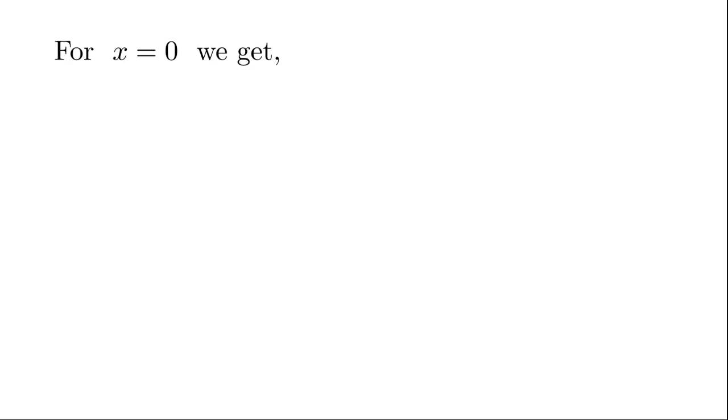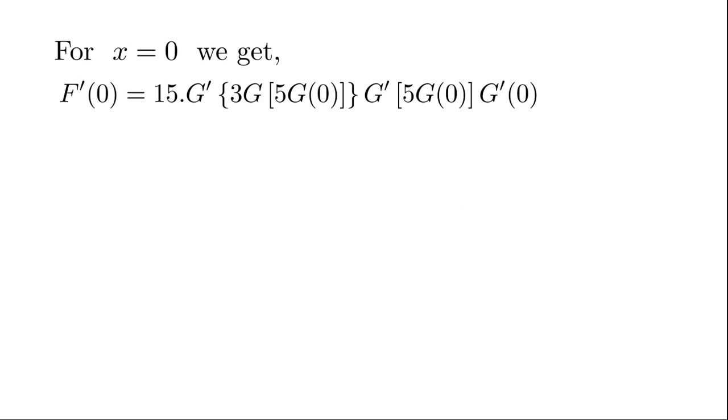So here we are going to substitute x equal to 0. On putting x equal to 0, wherever the x was, we substitute the value of x as 0, and therefore it becomes 15 times g dash of 3 times g of 0, g dash of 0 into 3.